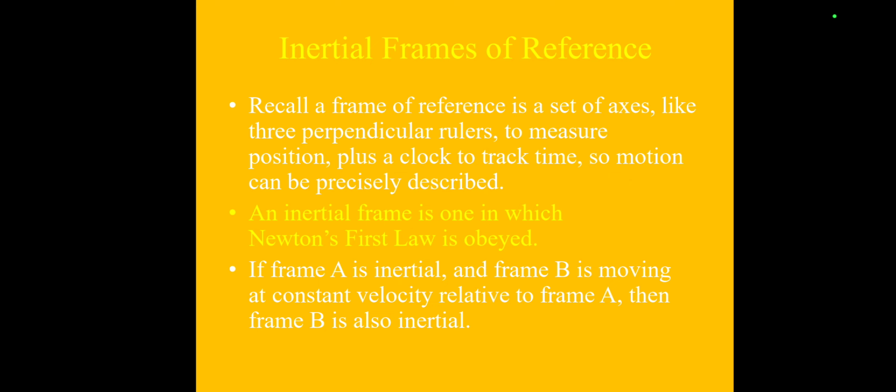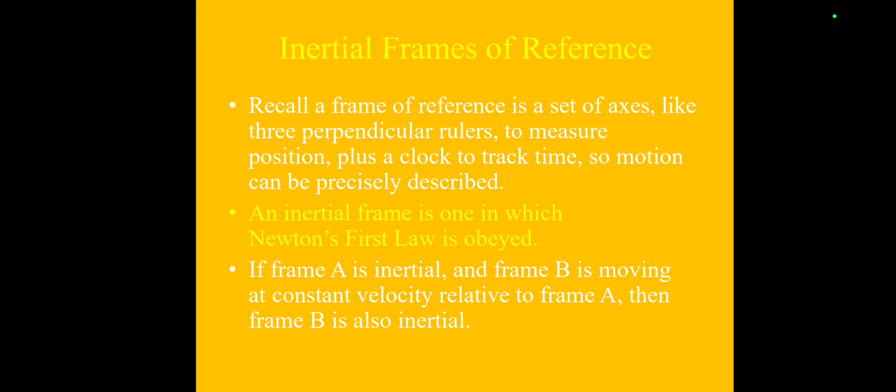Inertial frame of reference. Recall, a frame of reference is a set of axes, like three perpendicular rulers, to measure position, plus a clock to track time, so motion can be precisely described. An inertial frame is one in which Newton's first law is obeyed. That means Newton's first law is valid for this frame.